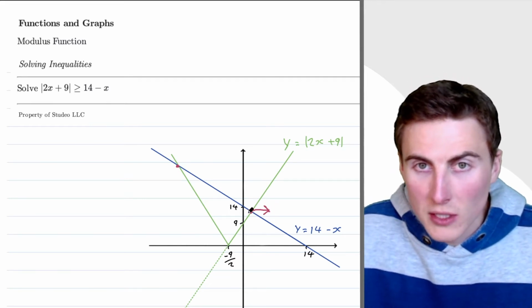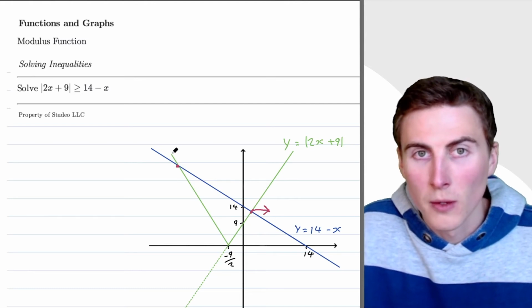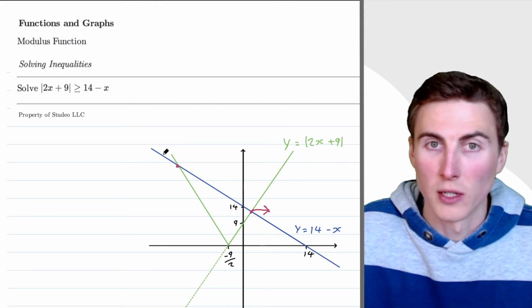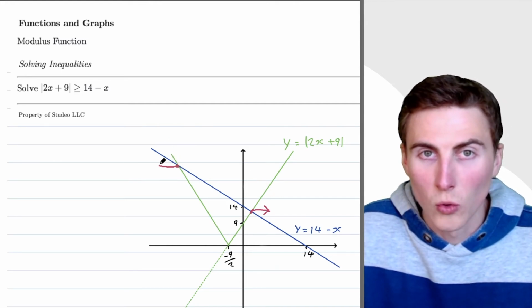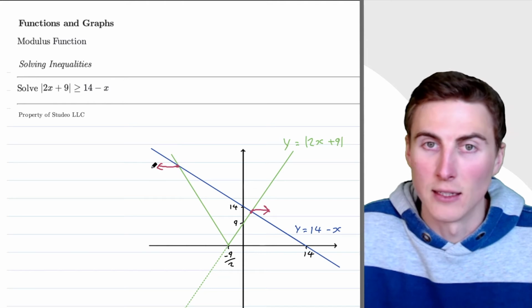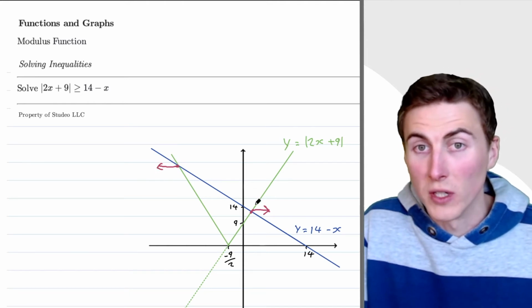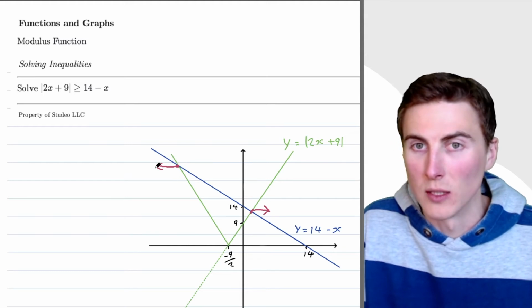And over here green is below blue for all of this region, so we don't want any of this. But after this, the green surpasses the blue again. So because the green line is above the blue line for this region, we want all of these parts less than this. So our aim is, we've drawn them both, we need to find these two coordinates, and it's greater than this point or less than this point.